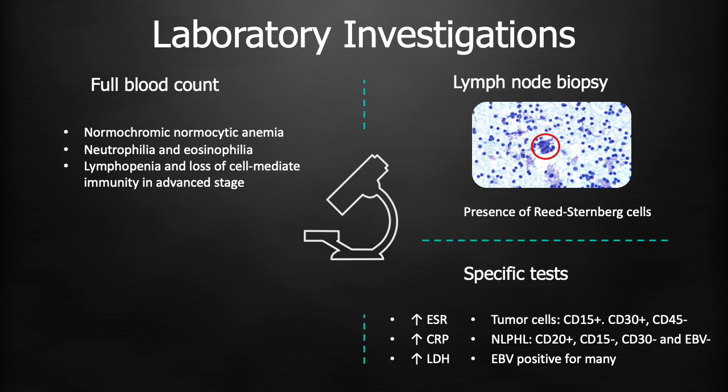In contrast, nodular lymphocyte predominant Hodgkin lymphoma are uniformly positive for B cell markers such as CD20, but CD15, CD30, and EBV negative. Once a diagnosis of Hodgkin lymphoma is confirmed, the doctor will need to determine the stage of the disease.